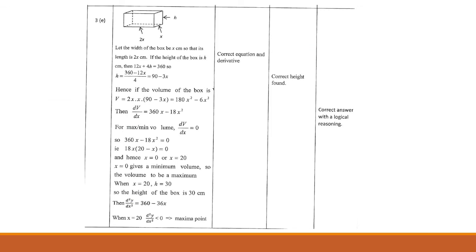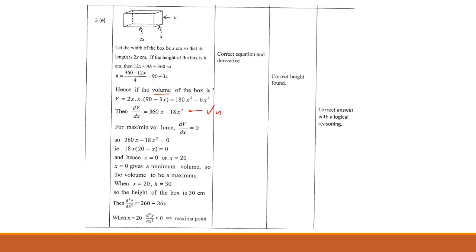Okay, and the last question of the paper, potentially one of the easier ones to do with a background in year 12. So, you know, trying to maximize the volume, so getting that part, the correct equation. So this part here is your achieved tick.